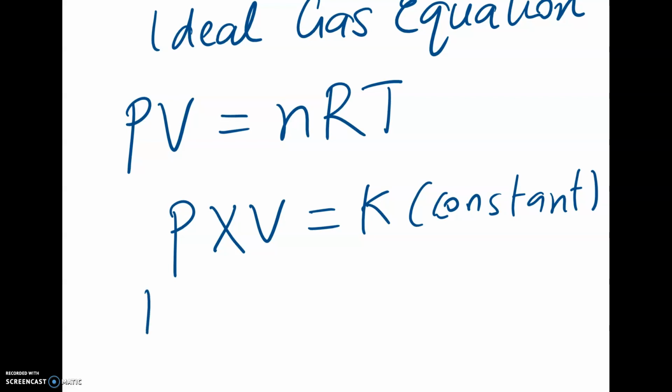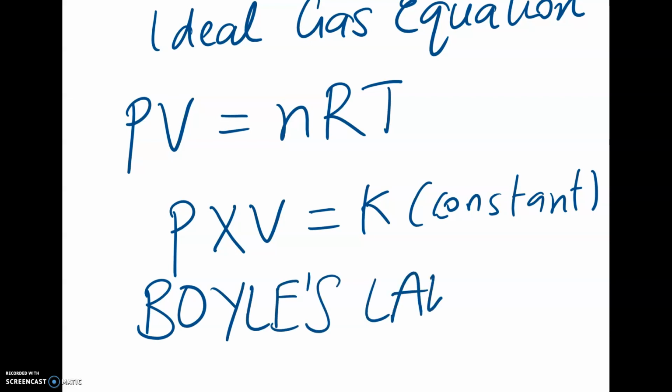And this equation here is Boyle's law. Before the ideal gas equation was created, this original equation was created beforehand, and then it was taken further to change into the ideal gas equation.